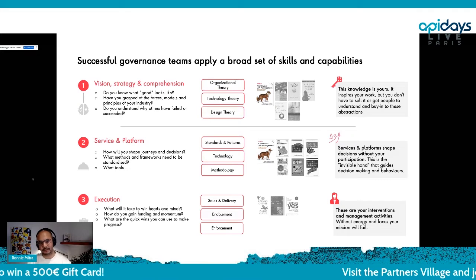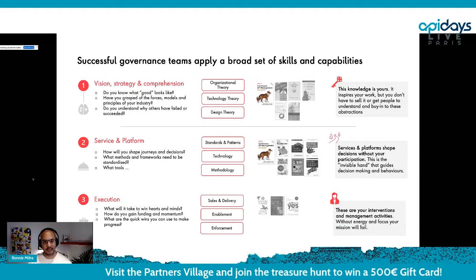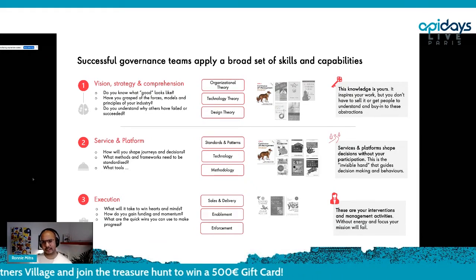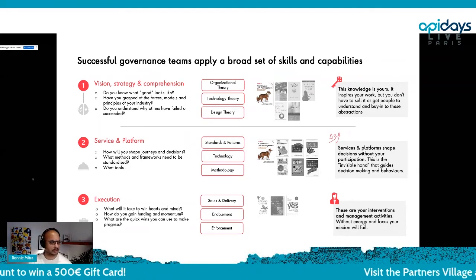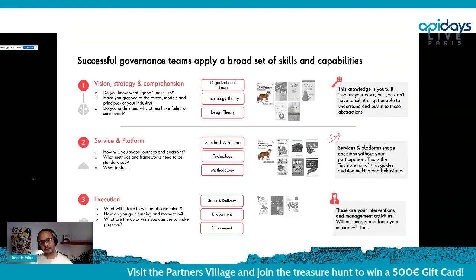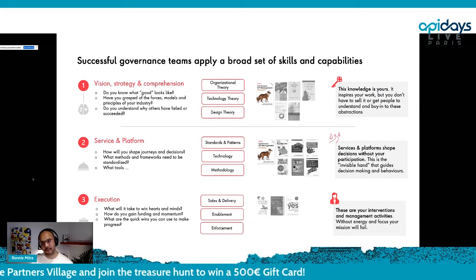Firstly, I think every team needs to be good at understanding the underlying theory and models of all this stuff. Do you know what good should look like? And do you understand the models that seem to be true, not just for APIs, but for technology, for civilization, right? For design. And I've listed a few examples of books that I find useful there. You'll notice only one of them is an API book, right?